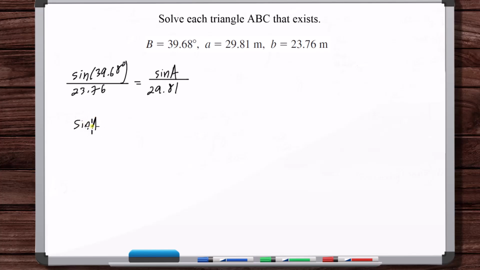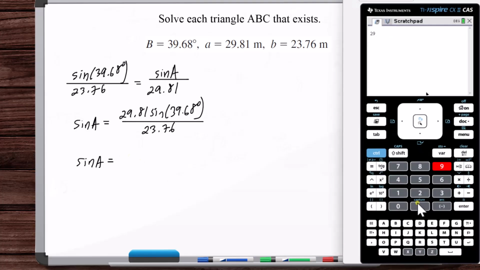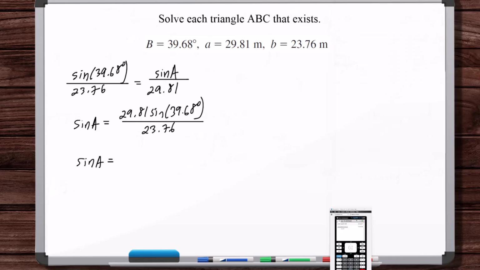Cross multiplying, sine of A is equal to 29.81 times sine of 39.68 degrees divided by 23.76. That gives 0.801. So we've got the two triangle case.